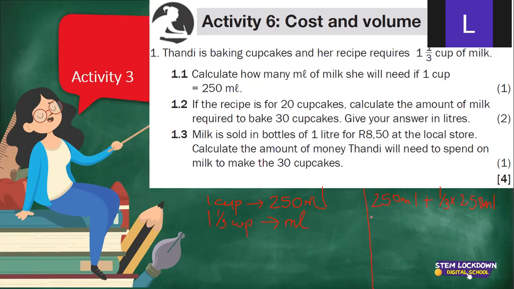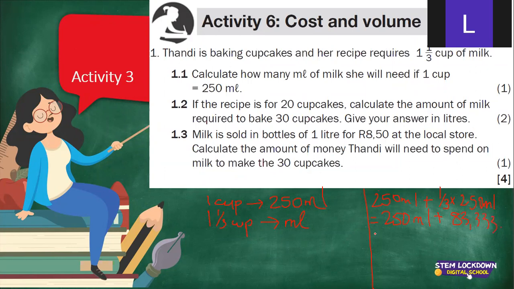Now, all you need to do is simplify this to 250 mils plus, for the 1/3 cup, 1 divided by 3 times 250. In this case, my answer is actually recurring, 83.3333333.